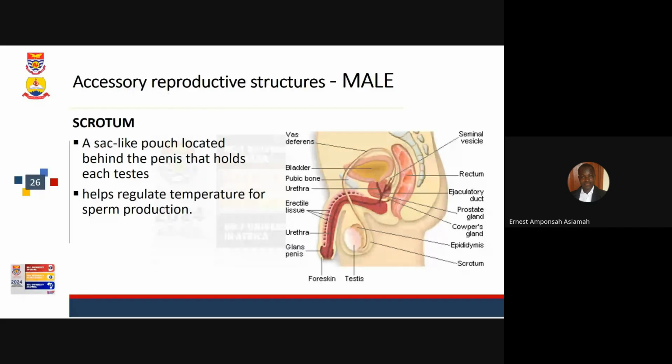The scrotum contains some muscles called the dartos muscle.